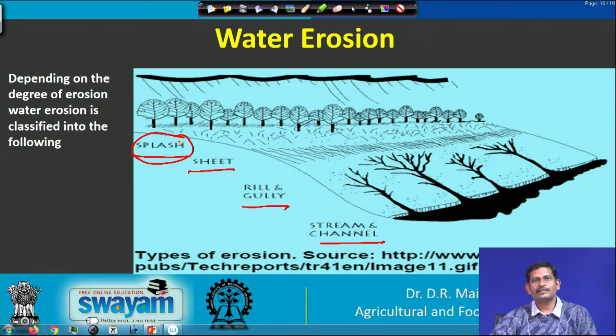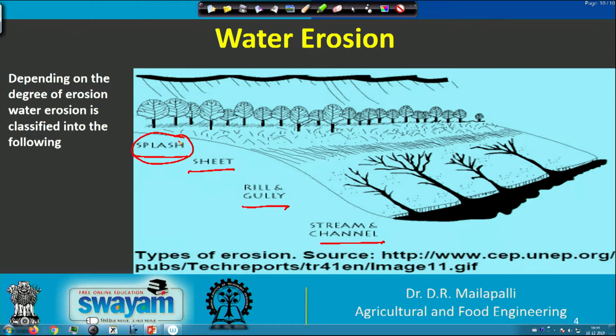Then, since there is continuous runoff, the particles which are splashed or detached are carried downstream, and a thin sheet of soil is transported from its original position downstream. That is called sheet erosion. If the sheet erosion continues, further soil dredging takes place because of the abrasion forces and the flow velocity.